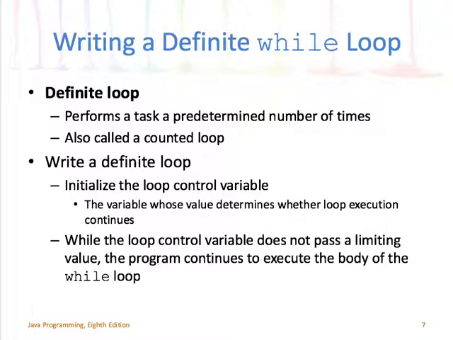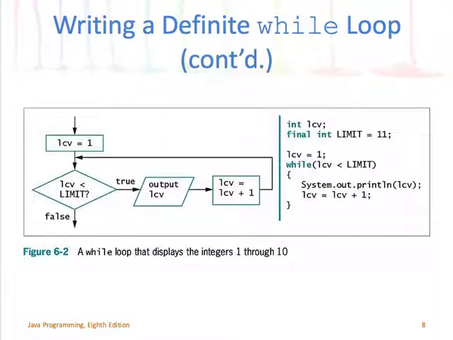A definite loop performs a task a predetermined number of times, also called a counted loop. To write a definite loop, it initializes a loop control variable, the variable whose value determines whether loop execution continues. So as long as the loop control variable does not pass the limiting value, the program continues to execute the body of the while loop.